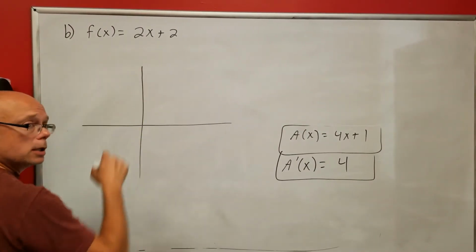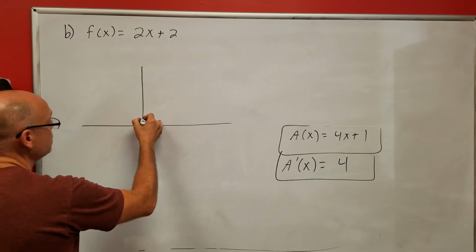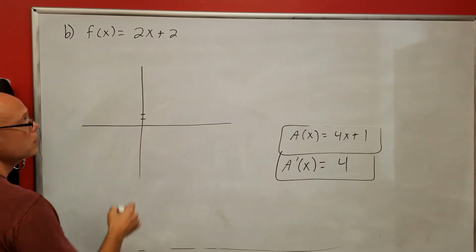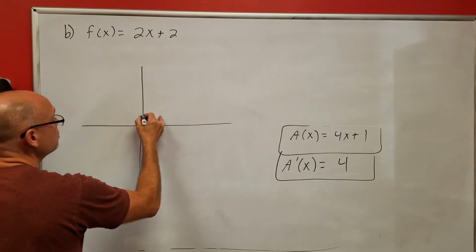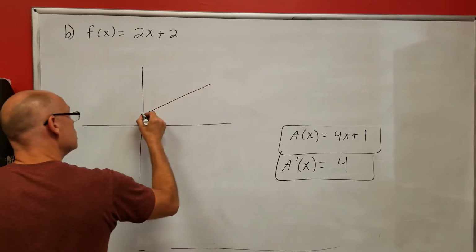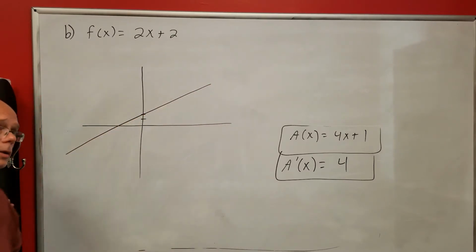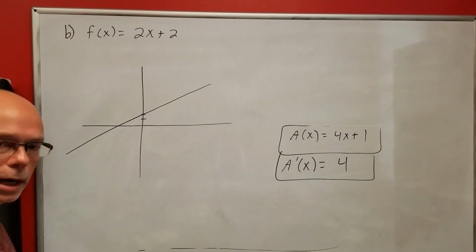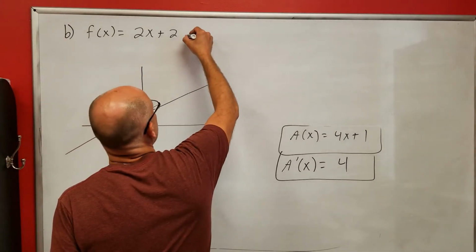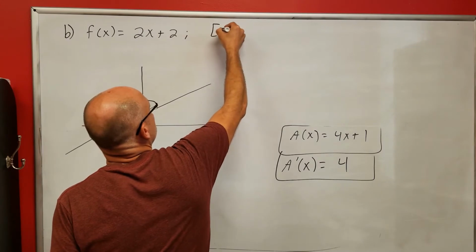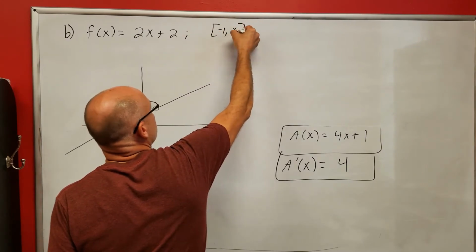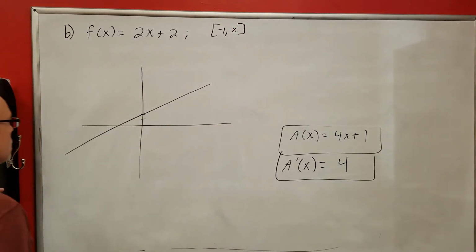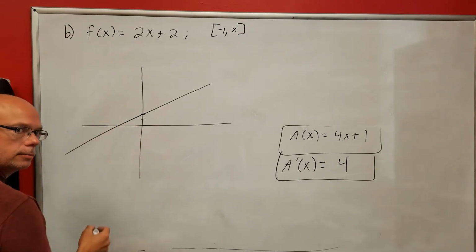2x plus 2 is just a linear function with a y-intercept at 2 and a slope of 2, right? So I have something like this, okay? Now what do I want? I want the area under this curve between, they told me, -1 and x, right? So let's find where -1 is here.